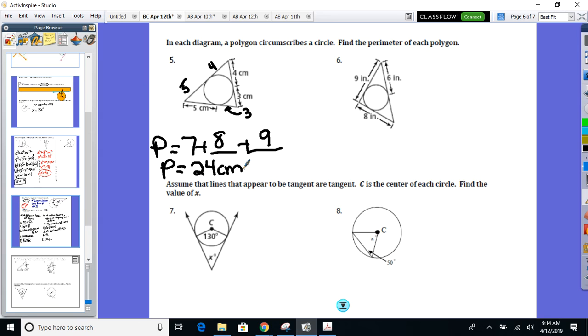All right, see what you in your group can do for 6, because I already gave you 2 sides. And that other missing piece is not 6.